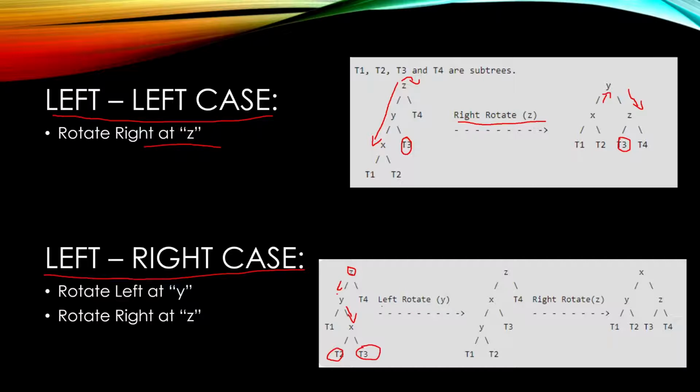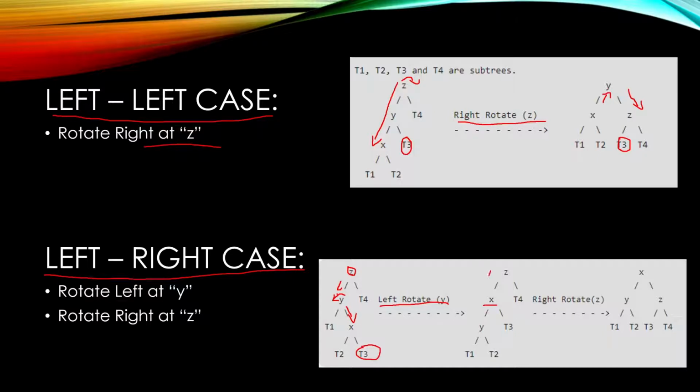You would start by rotating left at Y. So Y rotates left, and X moves up and replaces Y. The key thing to take away is that T2 is now the right subtree of Y, and is no longer the left subtree of X.